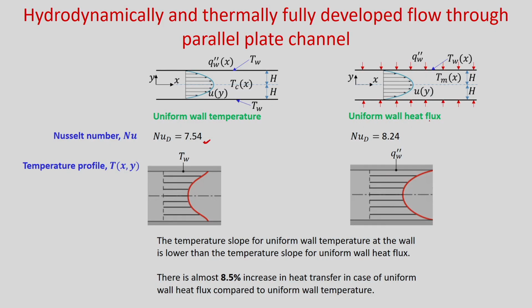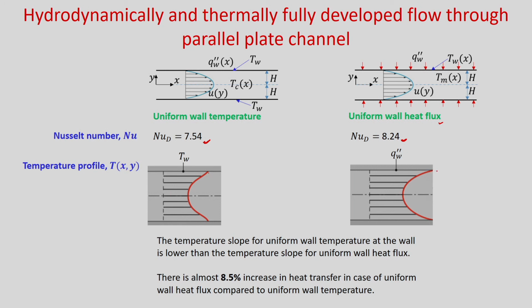In earlier lectures we have found with uniform wall heat flux, for this flow through parallel plate channel, Nusselt number as 8.24, and if you see the temperature profile for this uniform wall temperature, you can see the slope at the wall is lower than the temperature slope of uniform wall heat flux.